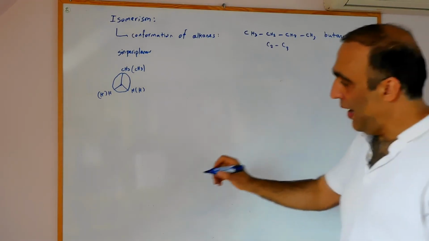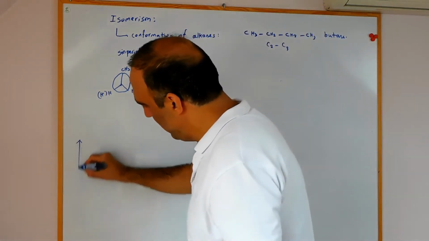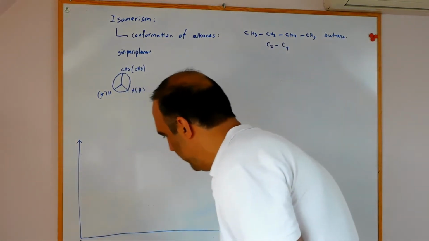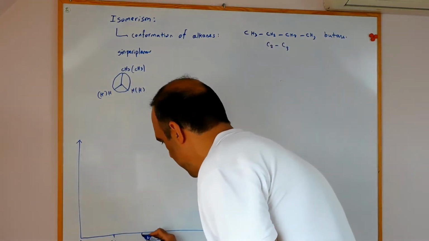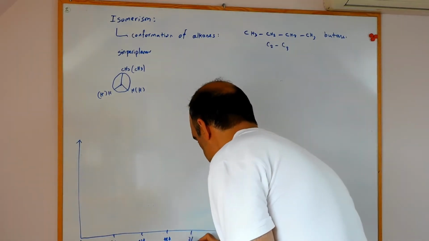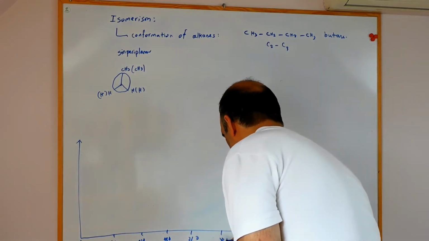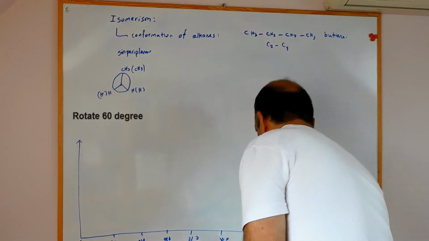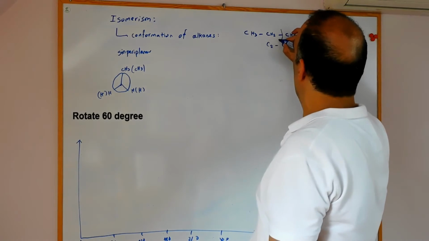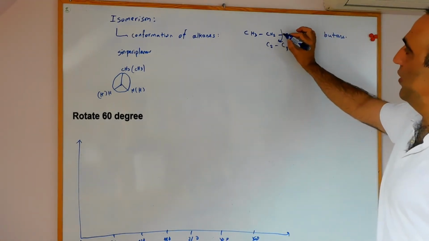Okay, I drew the energy diagram: 0, 60, 120, 180, 300, and 360. I rotate this bond 60 degrees.